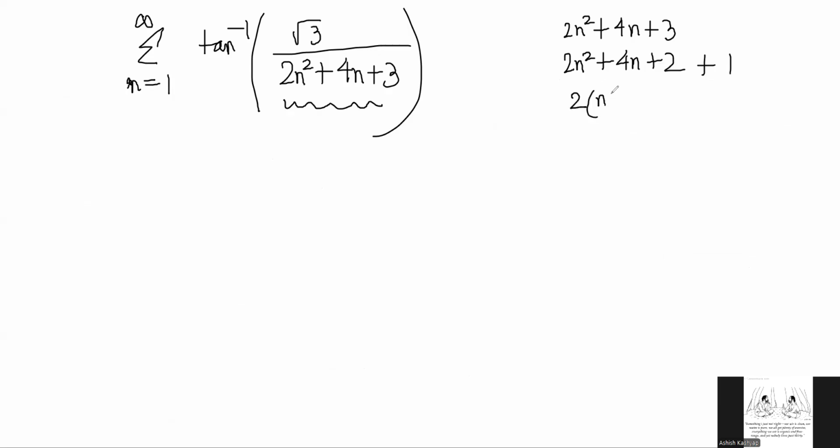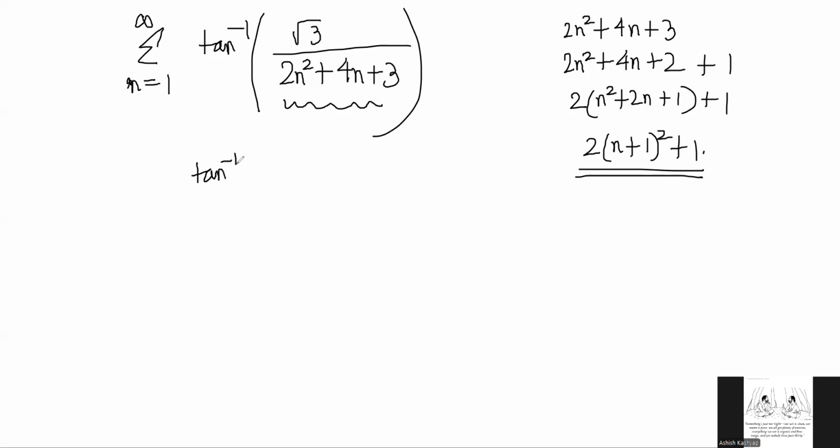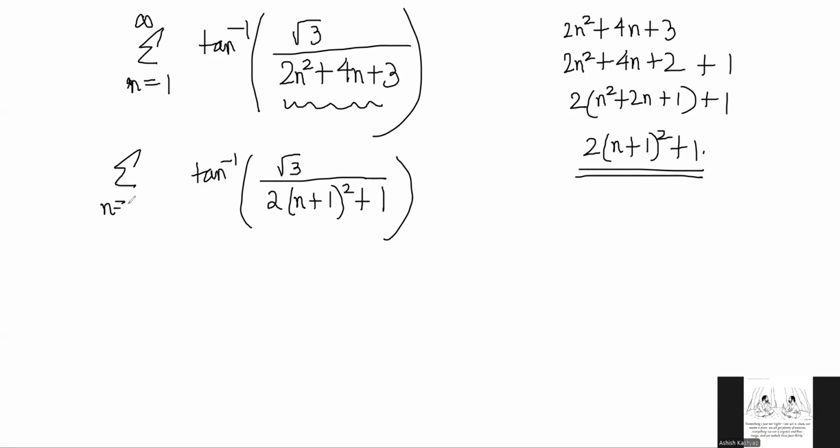So this is 2 times n squared plus 2n plus 1, plus 1. This is 2 times n plus 1 whole squared plus 1. So the terms of the series can also be written as root 3 by 2 times n plus 1 whole squared plus 1, and this starts from n is equal to 1, goes on till infinity.